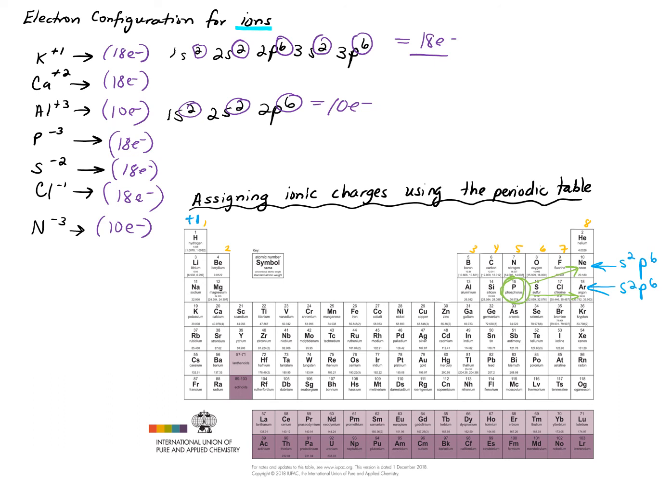Group 2, it's 2 valence electrons, right? So those elements in group 2 can give away 2 electrons. They are metals, and the metals will always be forming positive ions. So for group 2, we have charges equal to +2.